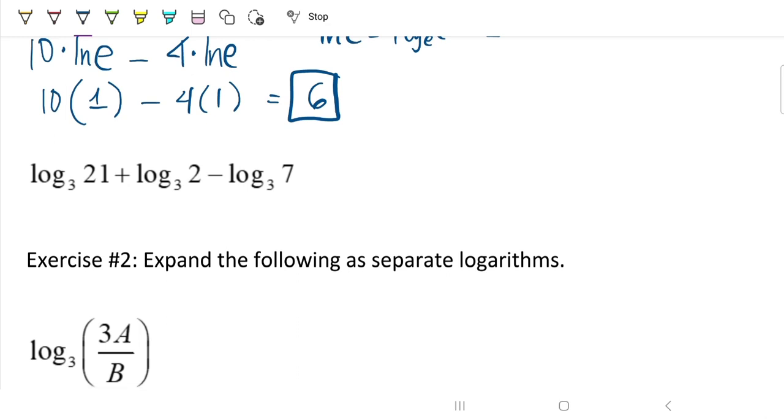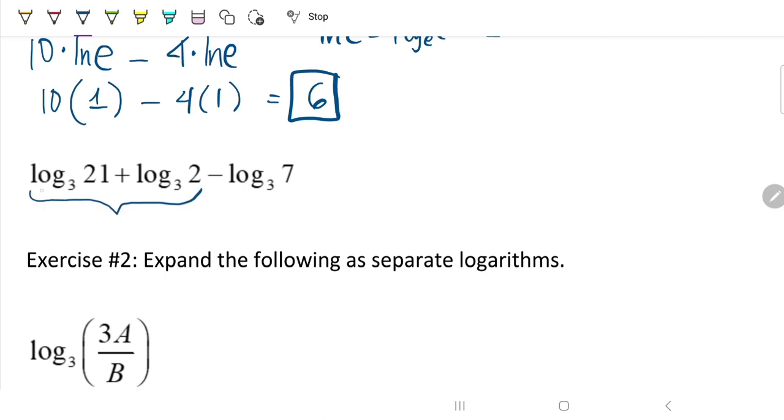Next item. So we have here log base 3 of 21 plus log base 3 of 2 minus log base 3 of 7. So we are dealing here with two operations, addition and subtraction. So what we can do is to perform first the addition portion.